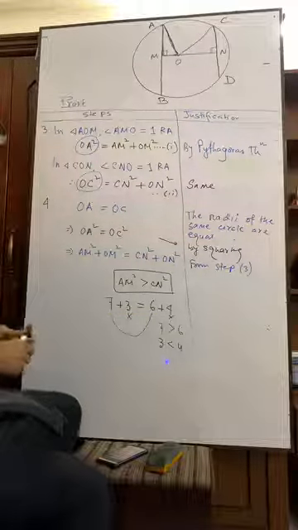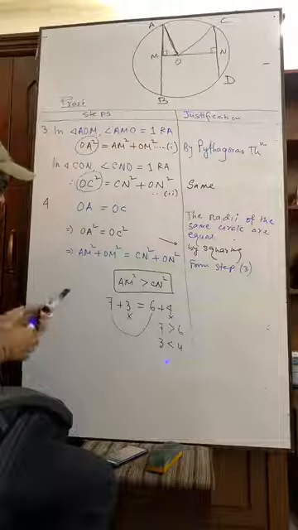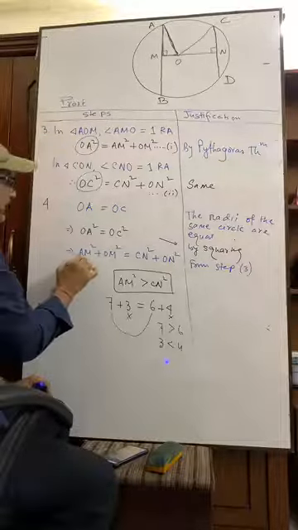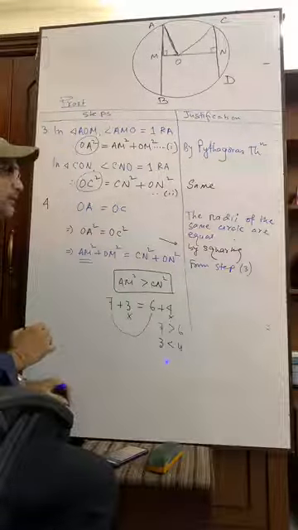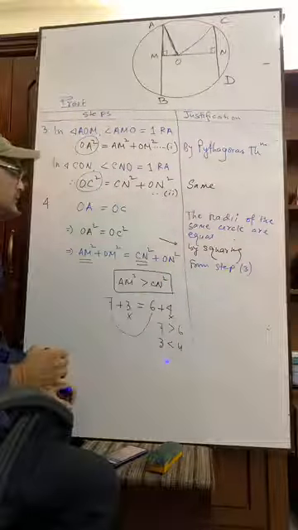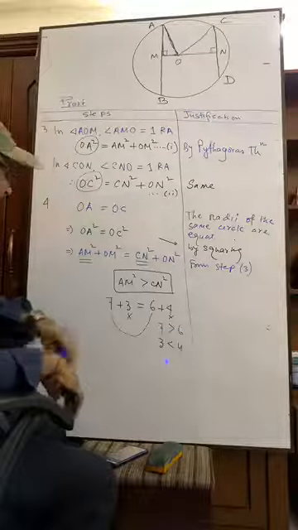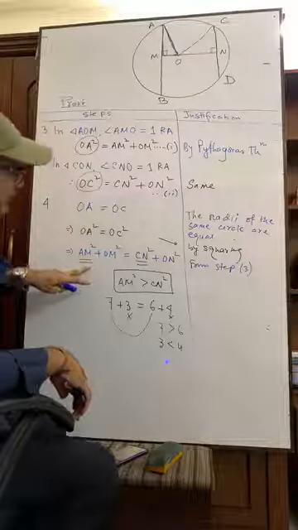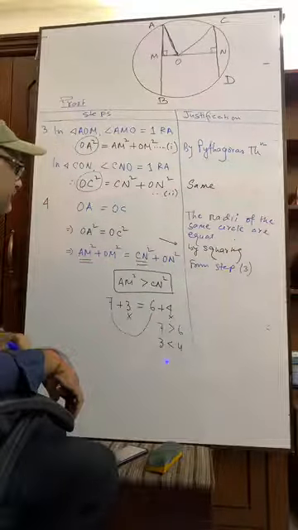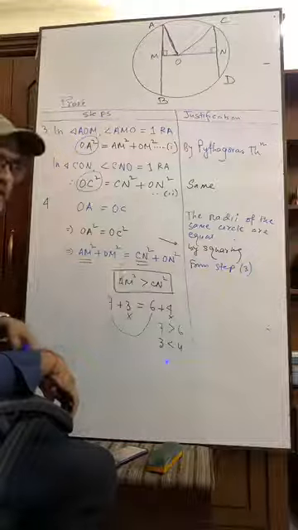That means AM square is greater than CN square. I repeat, AM square is greater than CN square.